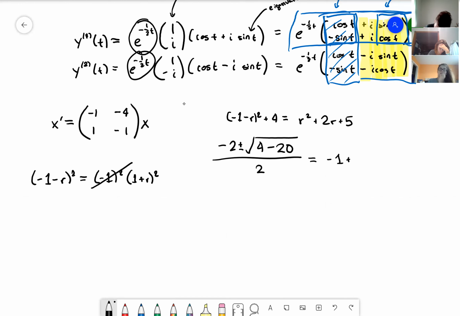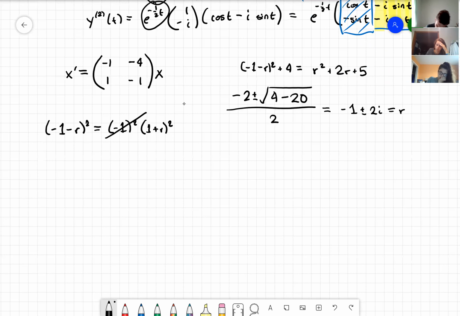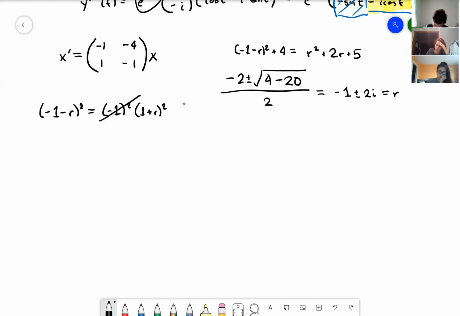So that's plus or minus 2i. Those should be our roots. Okay. So first the root -1 plus 2i. So what do we get for that?